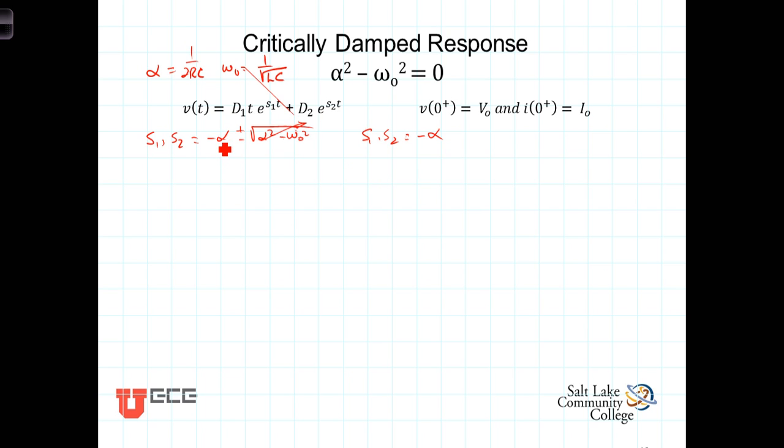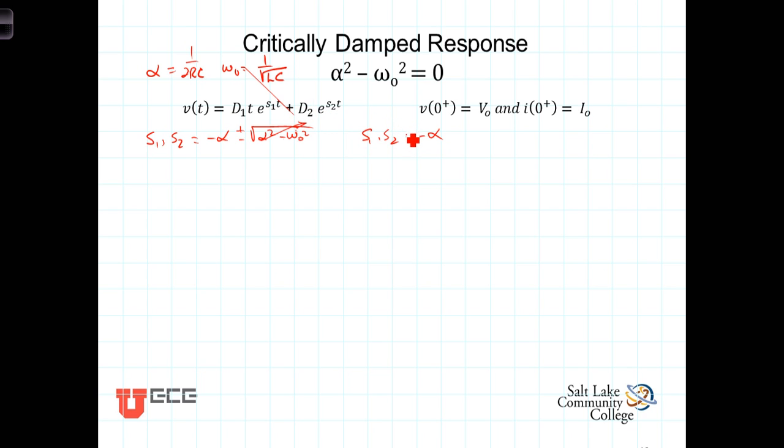Thus, when we let S1 and S2 equal minus alpha, we have an e to the alpha t term in both, so it really only gives us one term.